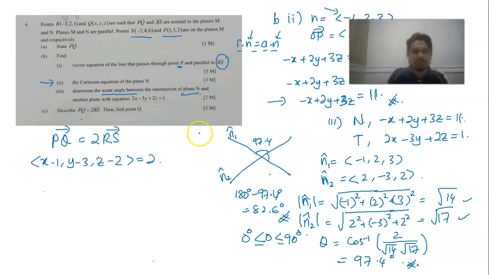Then 2RS. R is (-1, 2, 3) and S is (-2, 4, 6).